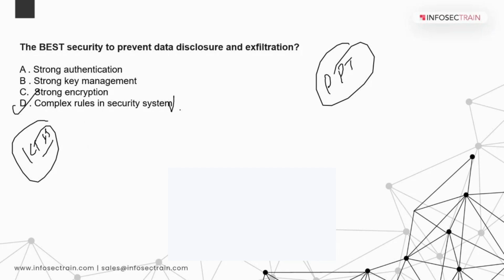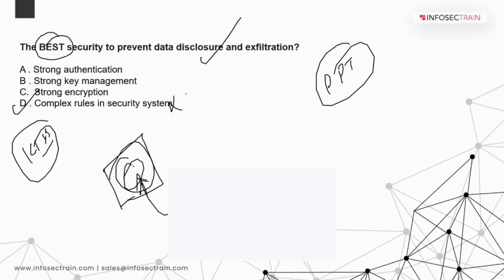Okay, out. A strong authentication: yeah, the system is there, data is there, you can put strong authentication, right? But the question is saying best. When you get any question about best, always think end of game. If an attacker enters this server, or AD, or maybe your system, and data is not encrypted, they can easily disclose it, right? So compared to B and C, this one is weak.